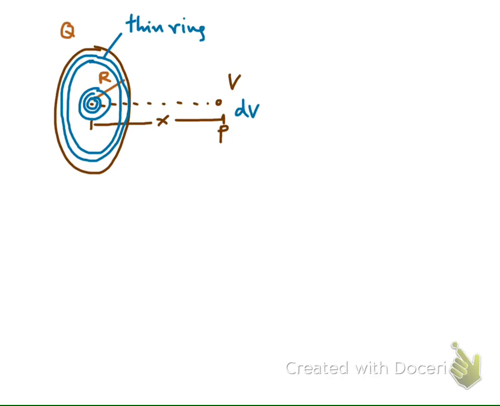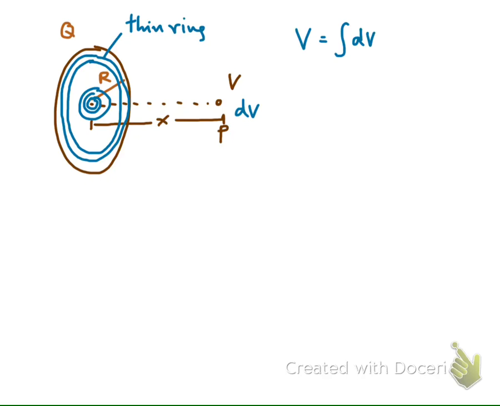So if we add up the potential from every ring, we have the total electric potential equal to the sum of the electric potential from each ring.